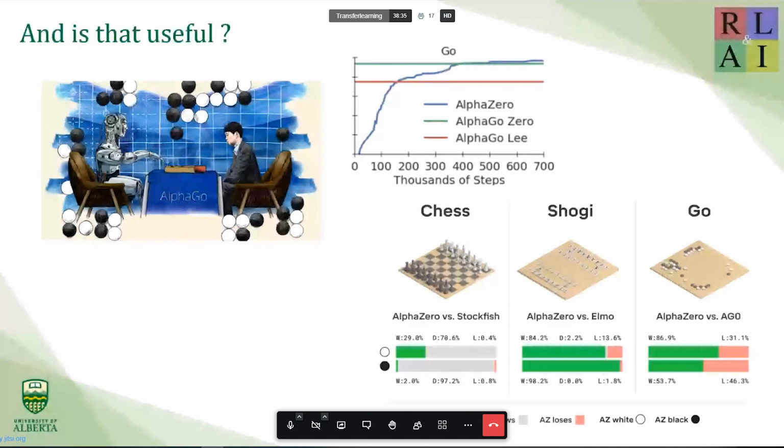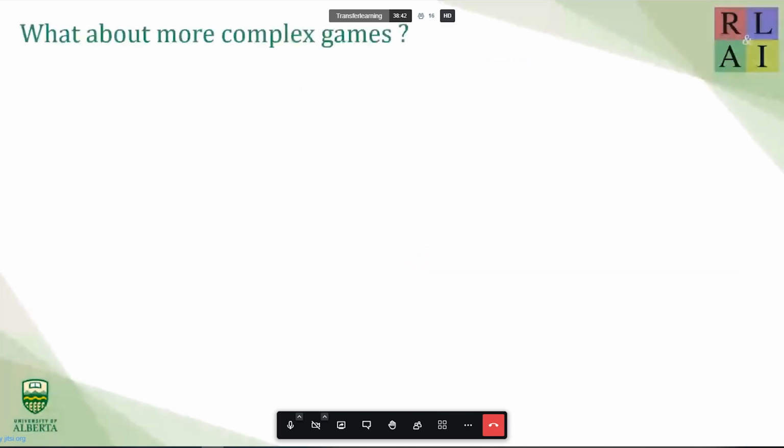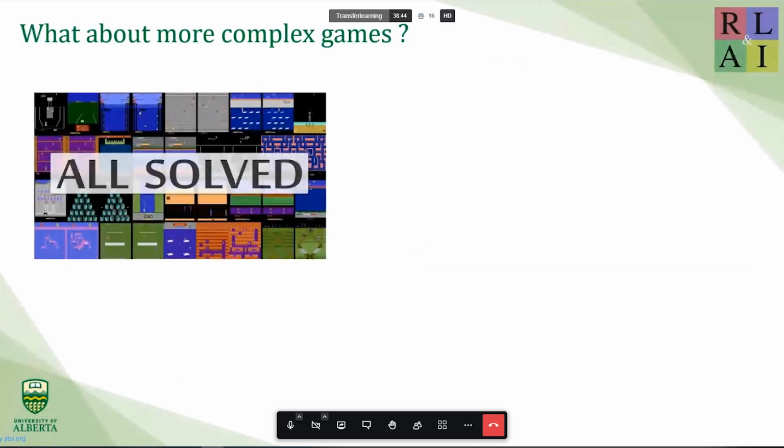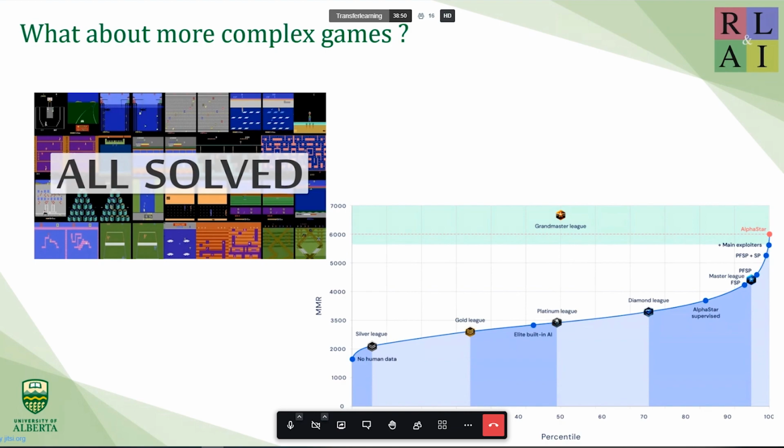It does work for board games, but that's not all. More complex games like Atari games were all solved; on all Atari games now we are able to achieve superhuman performance, and we are also able to beat StarCraft pro players at StarCraft using reinforcement learning.